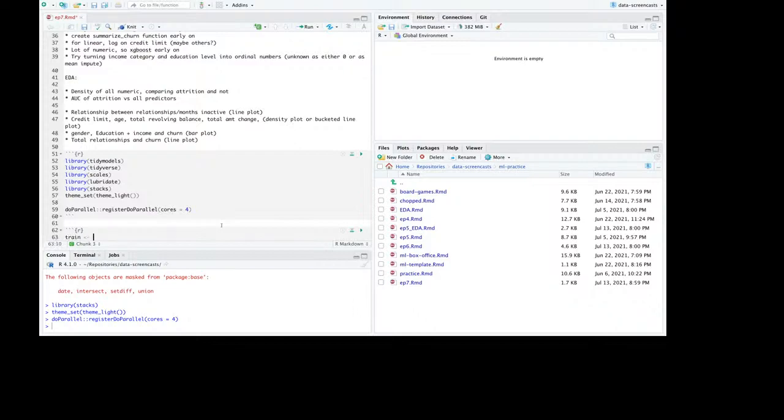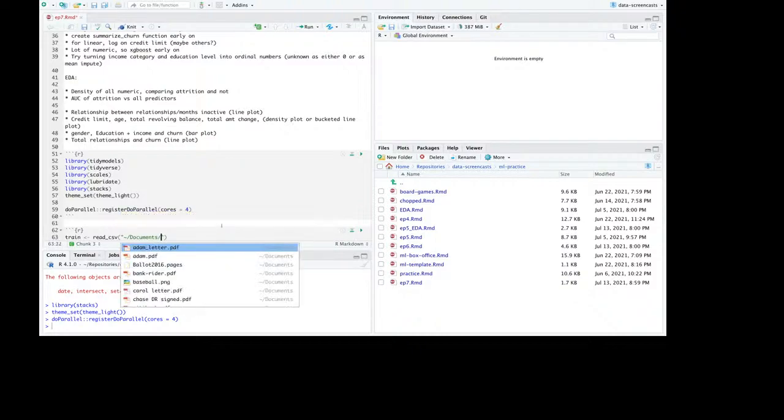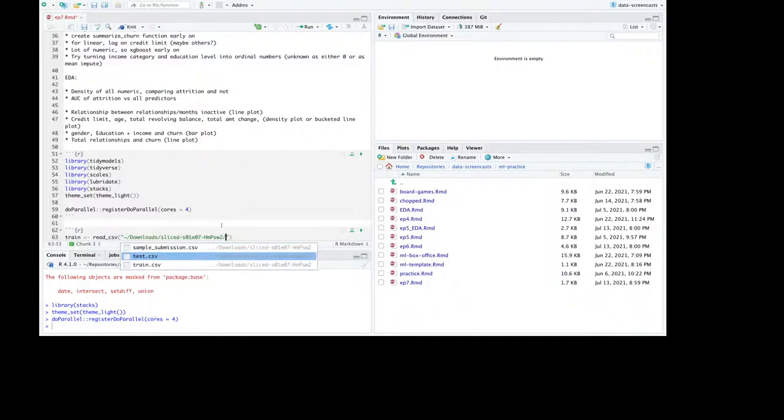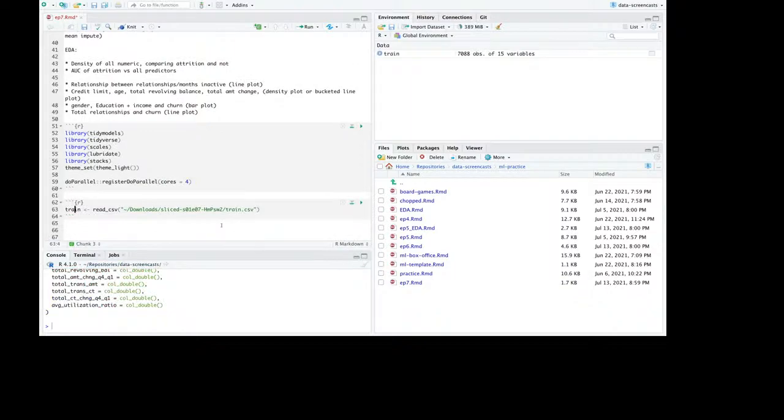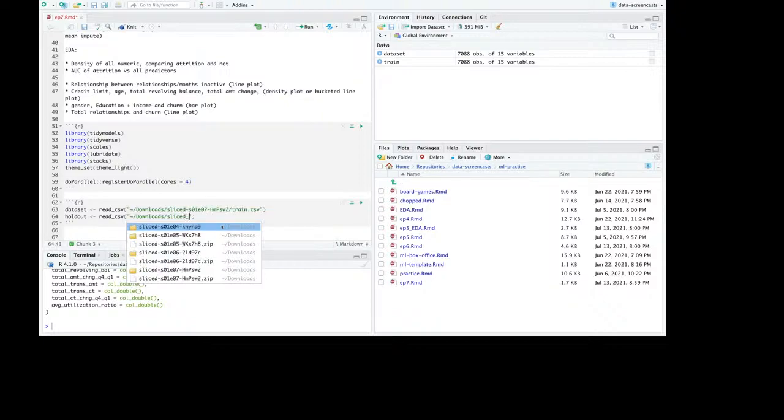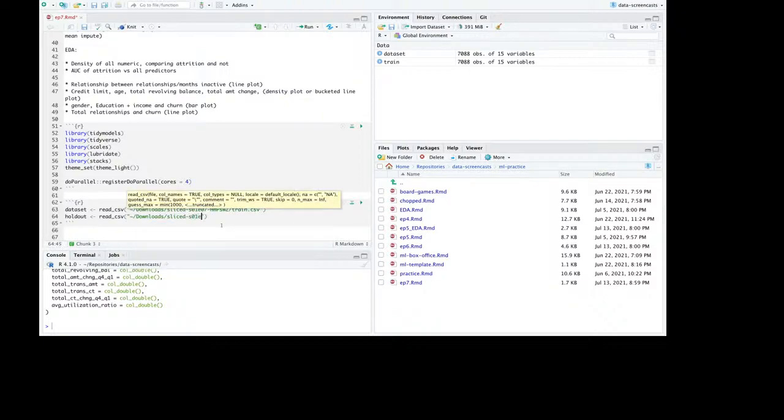Then let's read in our data. So we'll do read CSV, desktop, download, sliced. Here we go, and train, and I actually call this one dataset. And hold out. Look at me, I'm nervous today.